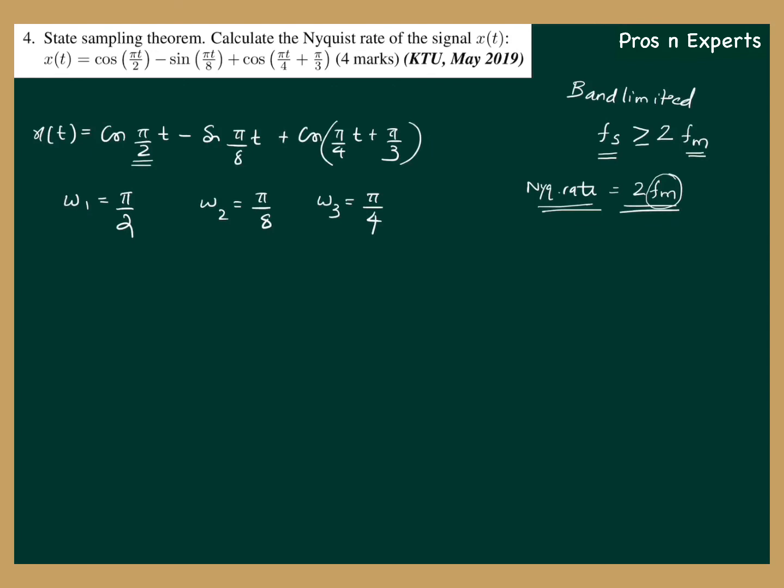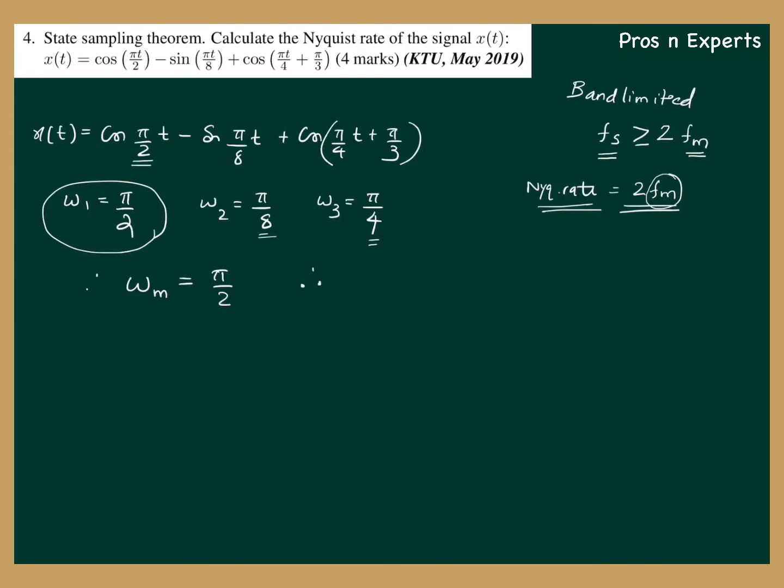So we have pi by 2, pi by 8, and pi by 4. Which is the maximum frequency component? It is pi by 2, since pi by 2 is greater than pi by 8 and pi by 4. This is very basic. So omega m is pi by 2.